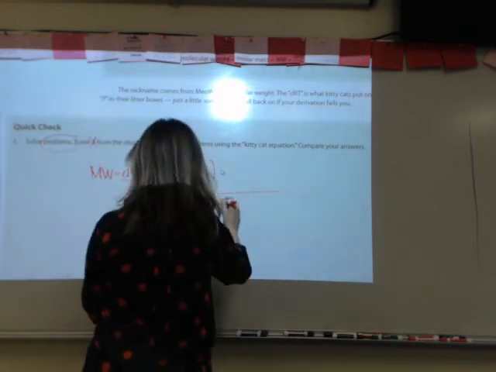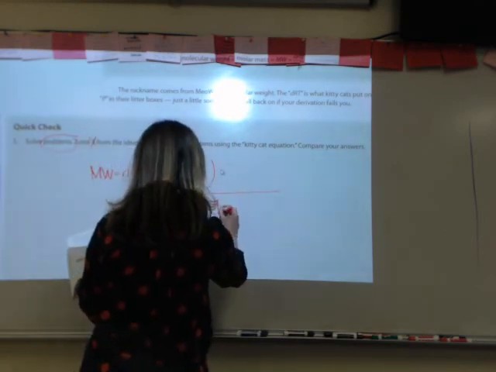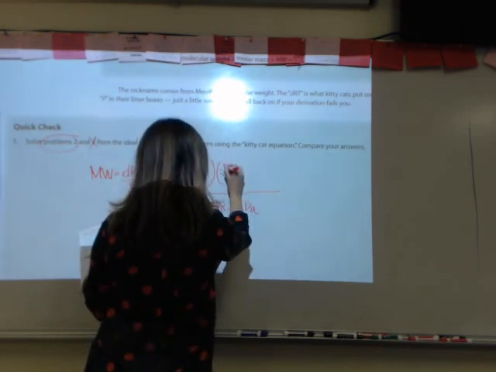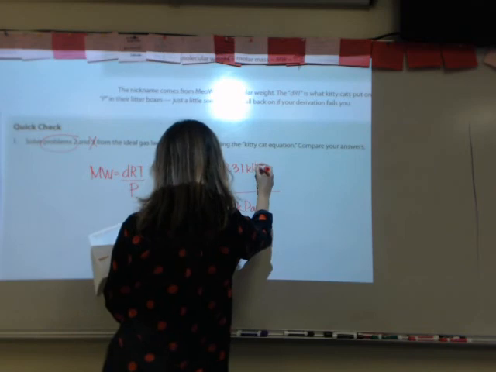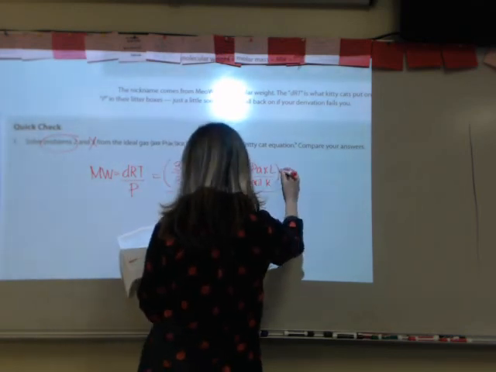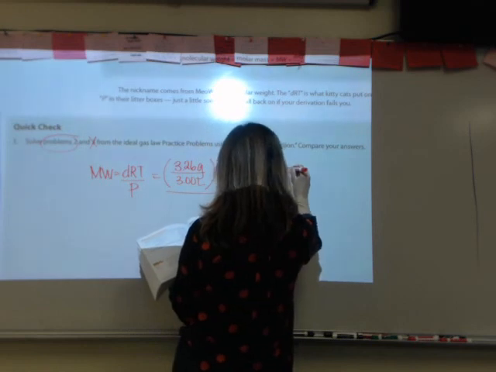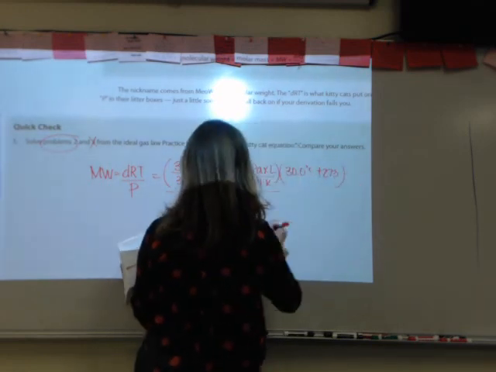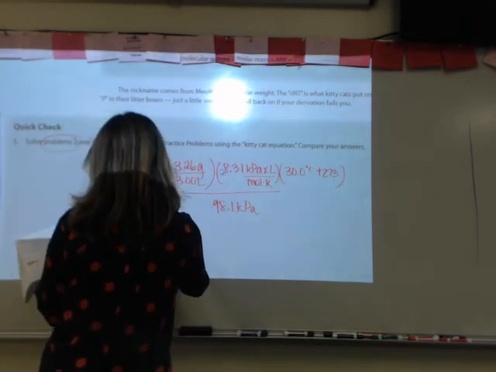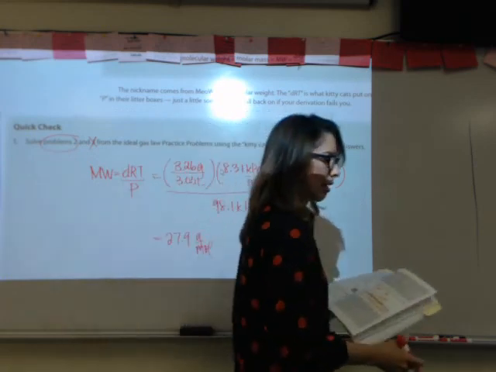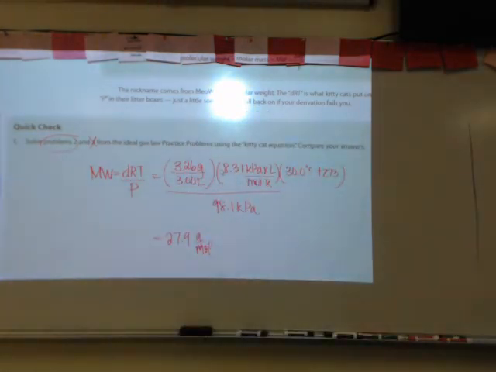They told us that the pressure was 98.1 kilopascals. That's why my R value is 8.31. My temperature is 30 degrees Celsius plus 273 to get us into Kelvin. You end up with 27.9 grams per mole, which is the exact same molar mass that we calculated in practice problem number 2.